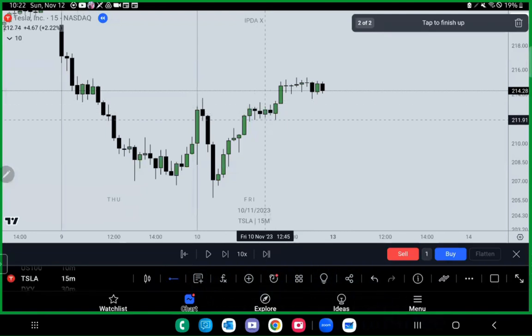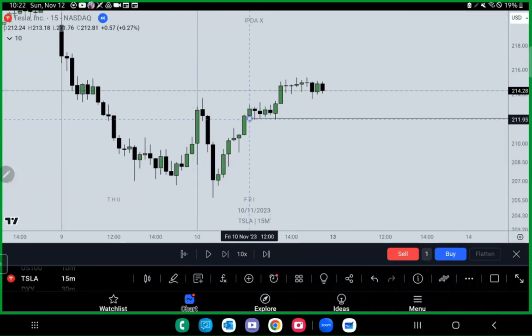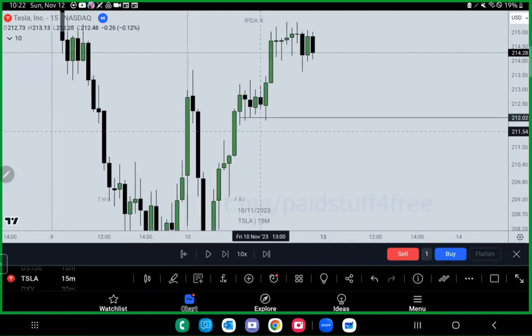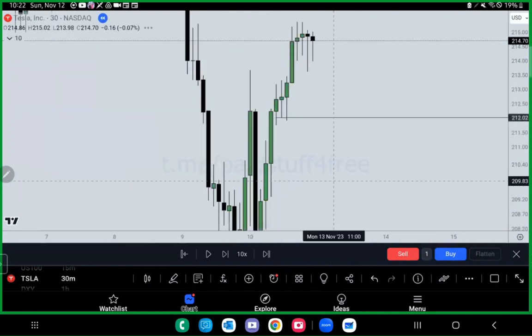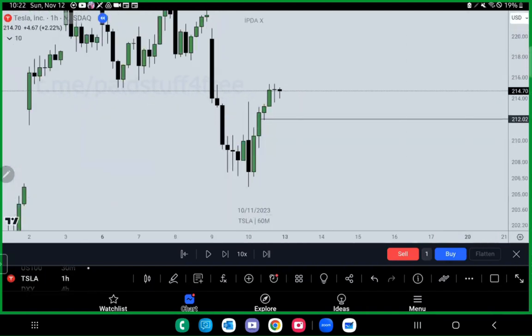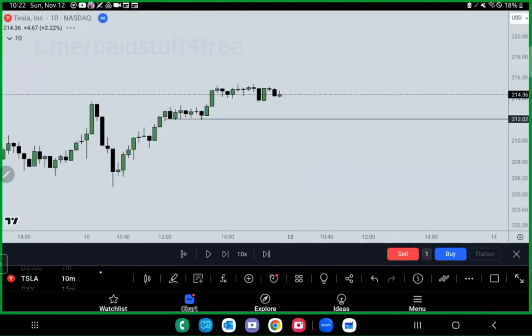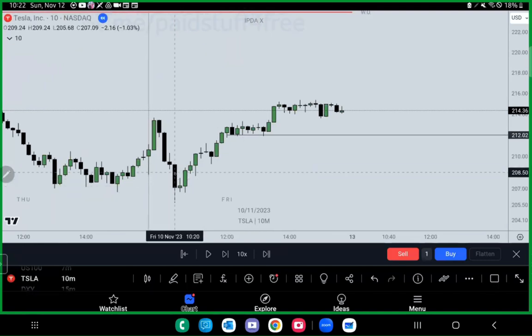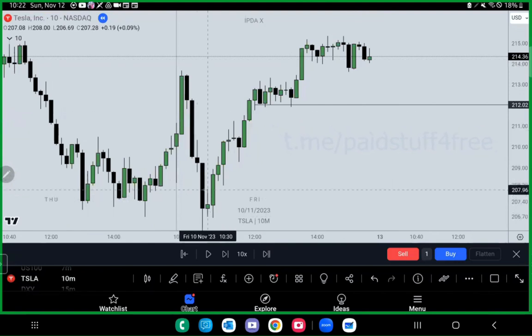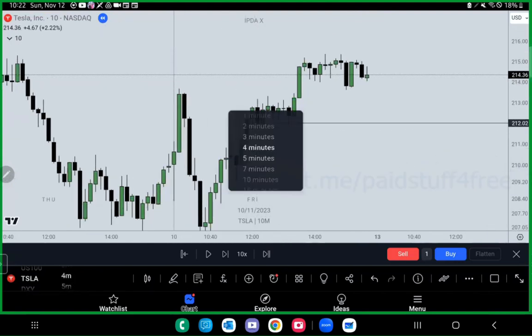So 212 is here. So you took longs? Yeah. Okay, all right. Let me look at the framework here. We're going to take a look at this down here to see if we could have taken longs from here, because it has to be inside of here somewhere.